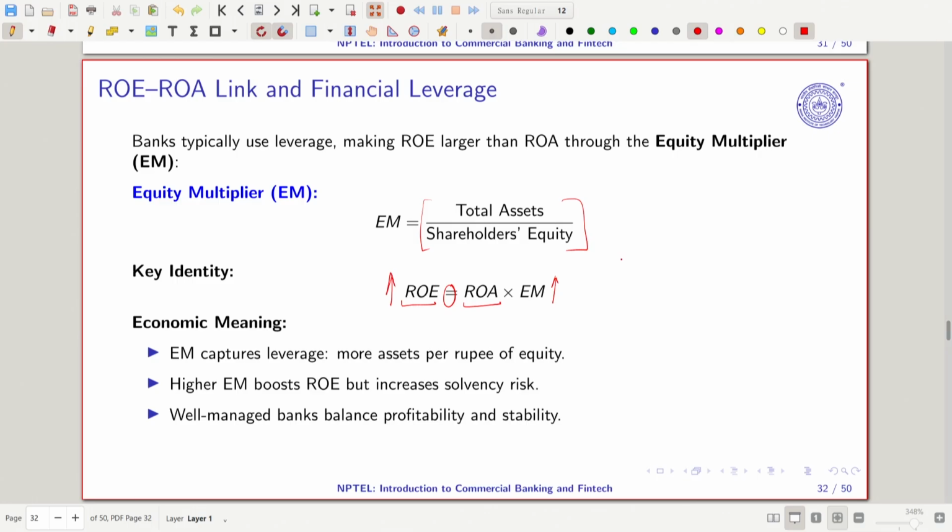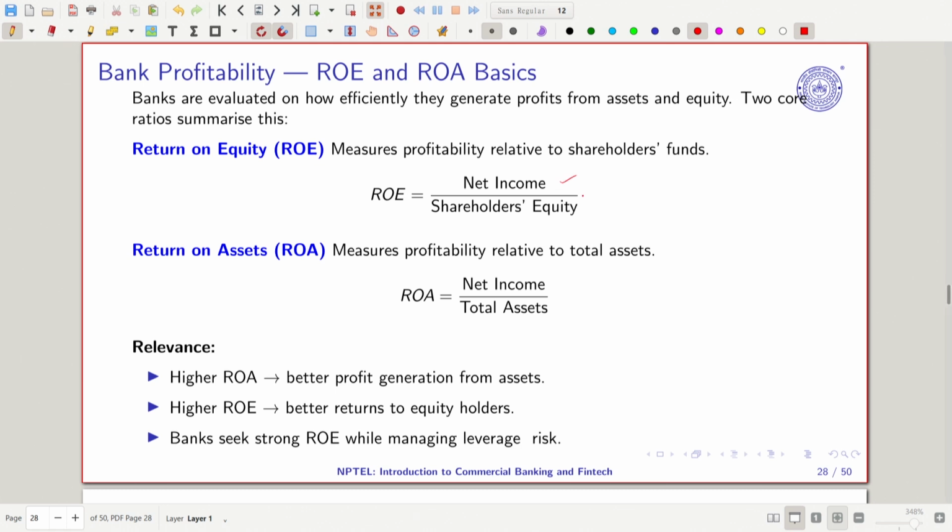So return on equity, if you have the equity multiplier, how quickly you multiply the assets into equity, and if it is higher, your return on equity is going to be higher, because this is what we get in the formula on the ROE, so net income upon shareholders' equity. And we are saying that ROE is nothing but ROA into EM, equity multiplier.